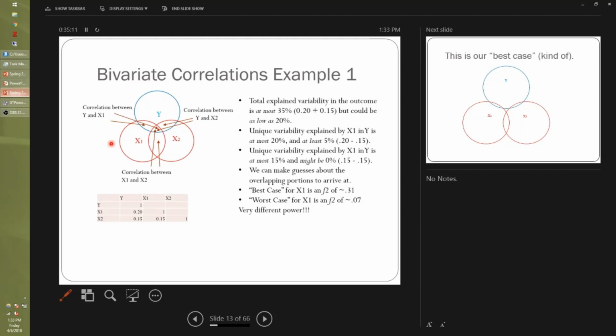And similarly, this next bracket should be about X2, not X1. So the total unique variability explained by X2 and Y is at most 15%, right? So it could be all the variability in depression explained by anxiety is unique to anxiety, or it could be that none of it is because it's all caught up in the amount that's shared by anxiety and the treatment effect.